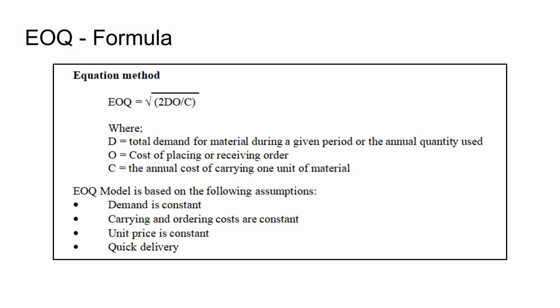And C is the carrying or storage cost, the annual cost of carrying 1 unit of material, in other words, the holding cost. The EOQ model is based on the following assumptions. In calculating the EOQ, we assume that the demand is constant, the carrying and ordering costs are constant, the unit price is also constant, and there will be a quick delivery.